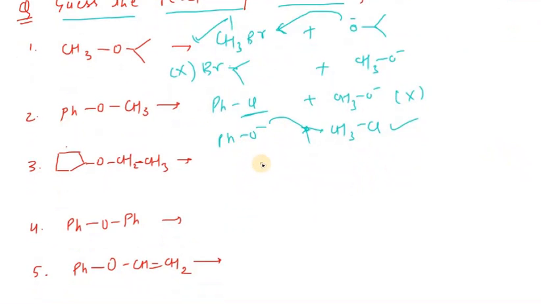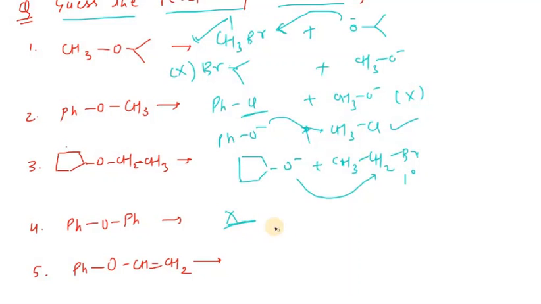Now if we see the third reaction, it is forming O minus, and it is CH2 CH2 Br. This is more preferable because, when there is chlorine, it will be 2nd degree, but here it is 1 degree, so it is more preferable.